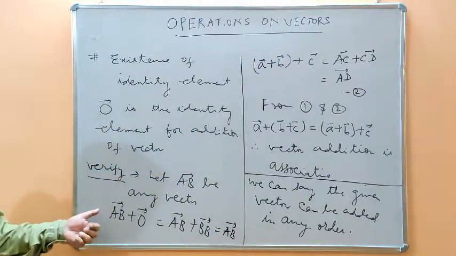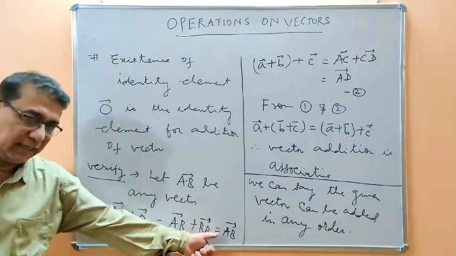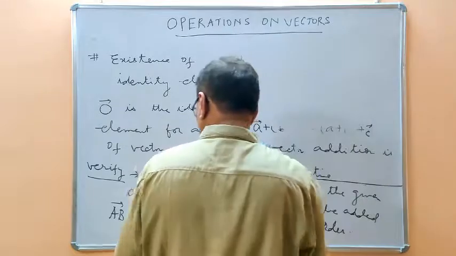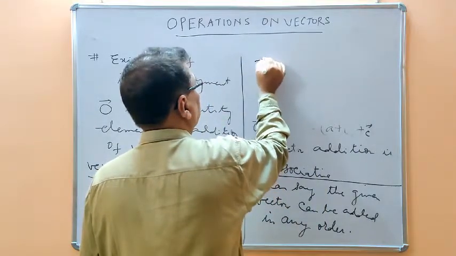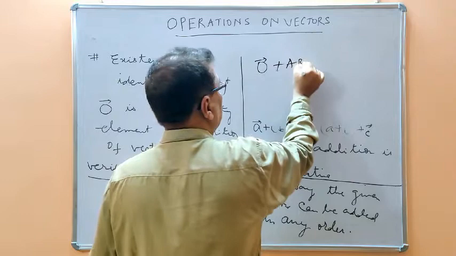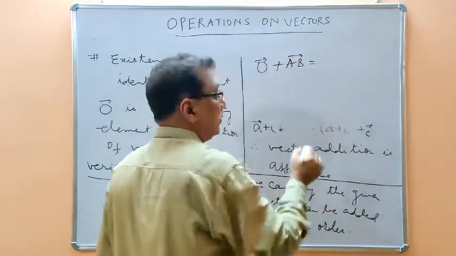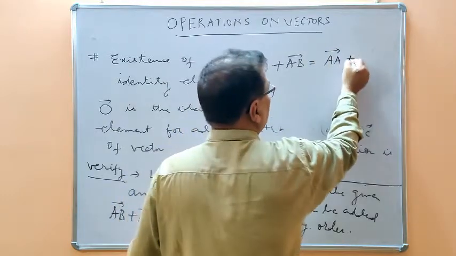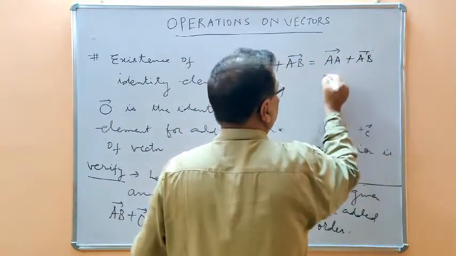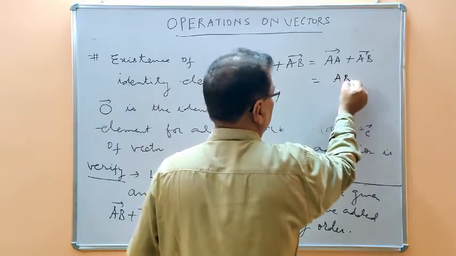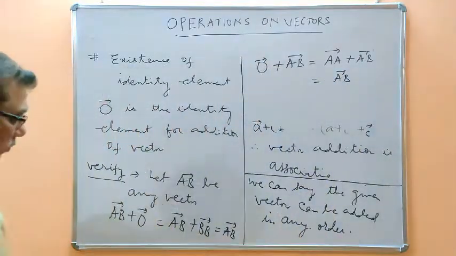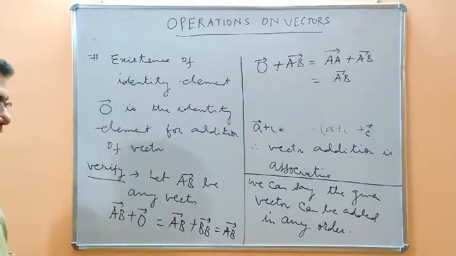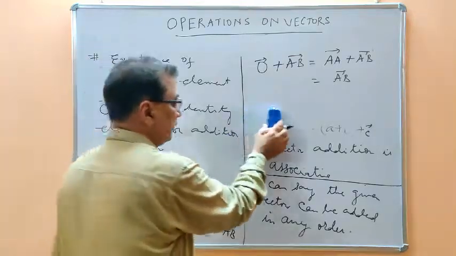So we have seen that AB operated with 0 gives AB, and if I go in reverse order, we may write the 0 vector as AA and then AB, and the result will be AB. So when 0 is added to any vector, the result is the vector itself. So we call 0 the identity element.